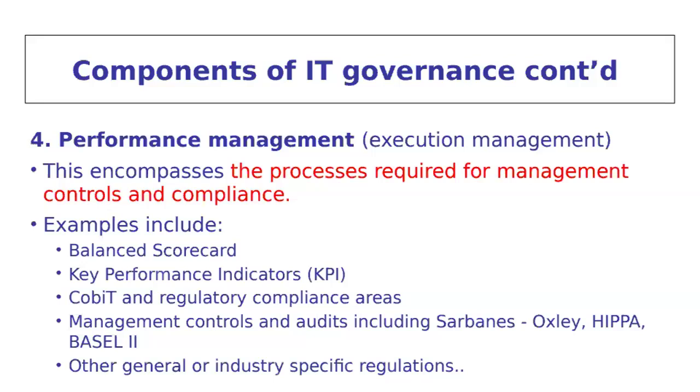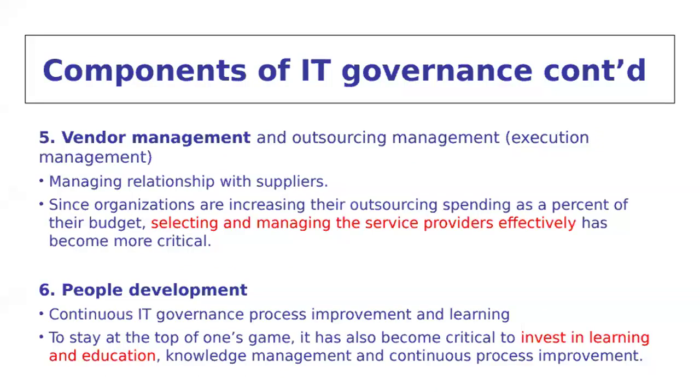We have also under execution management, performance management, which we have already mentioned. We have the vendor management, your vendors, stakeholders. This is also under execution. So you are managing your relationship with suppliers, contractors.